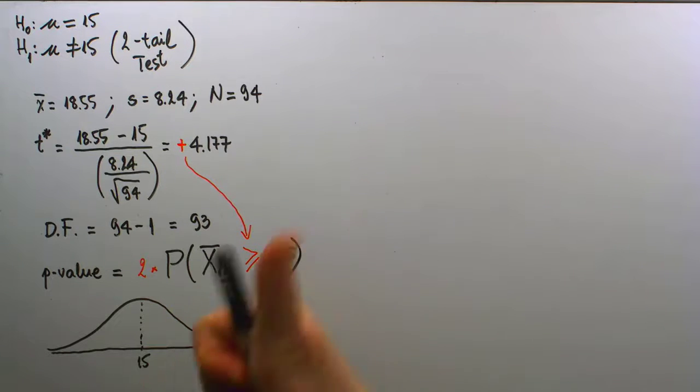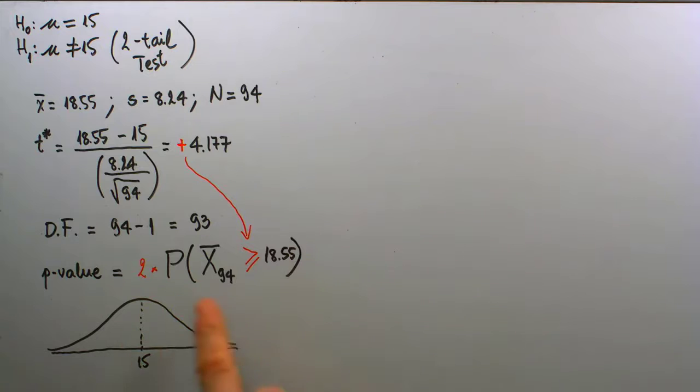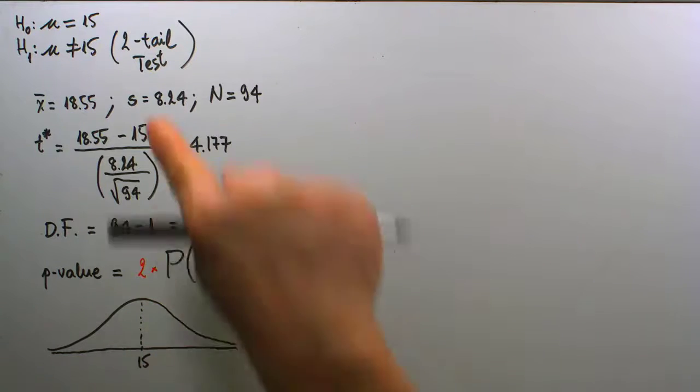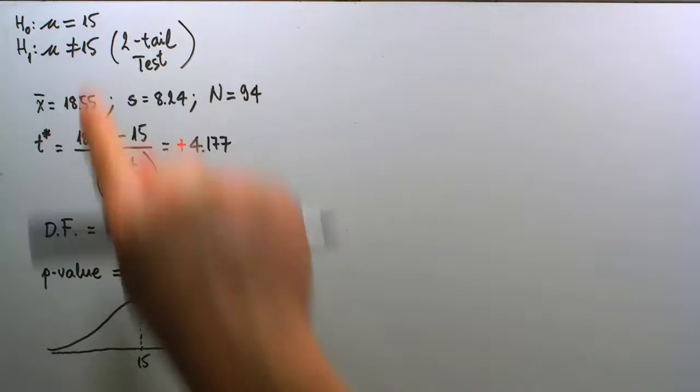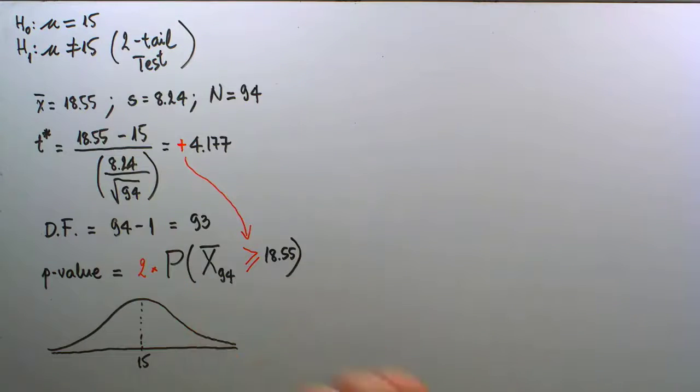So rule of thumb now at this point, after doing 3 different problems, the center of this bell curve is always at the value being claimed in the null hypothesis. And this bell curve is where we can find any possible sample mean value of the random variable capital X bar 94. It's a sample mean at sample size 94.